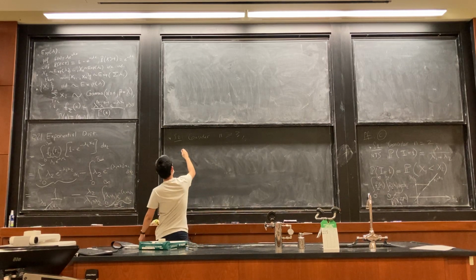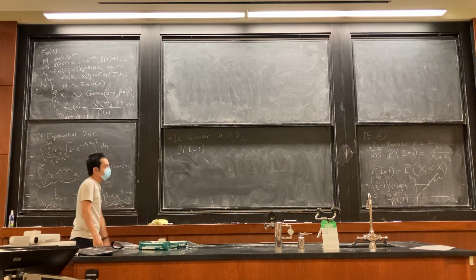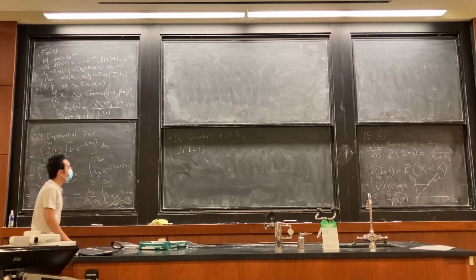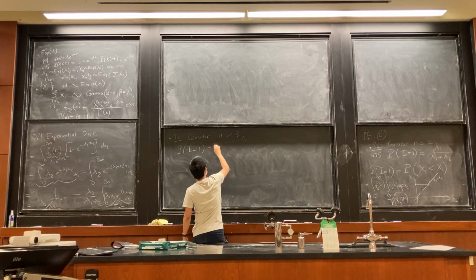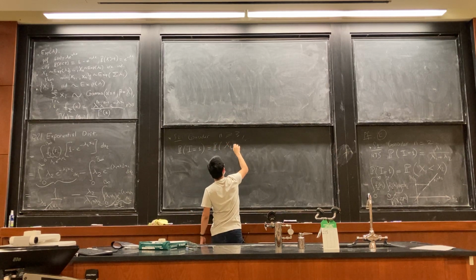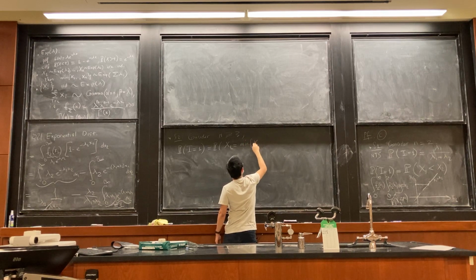Then I have the probability, as usual, that the index of the minimum is 1, that means the probability of x1 being the minimum.